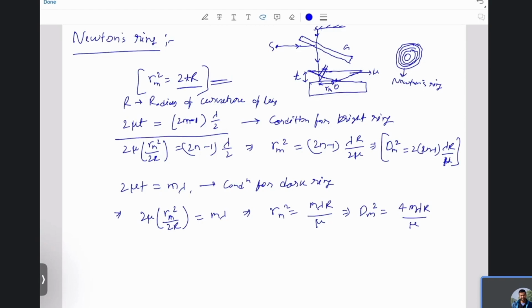So this is the radius of a bright ring, and this is the radius for a dark ring.